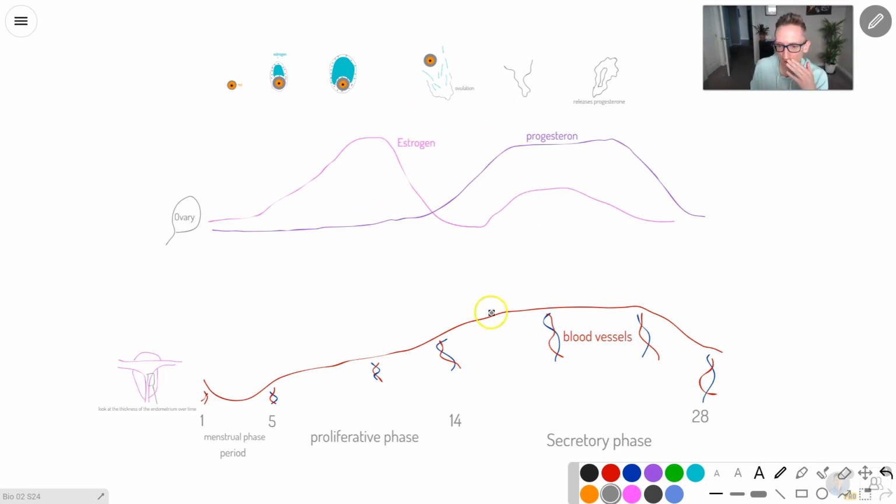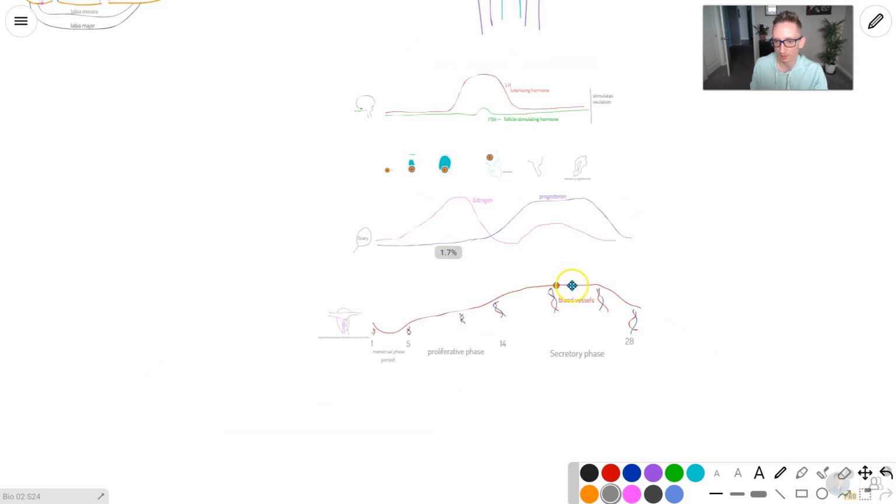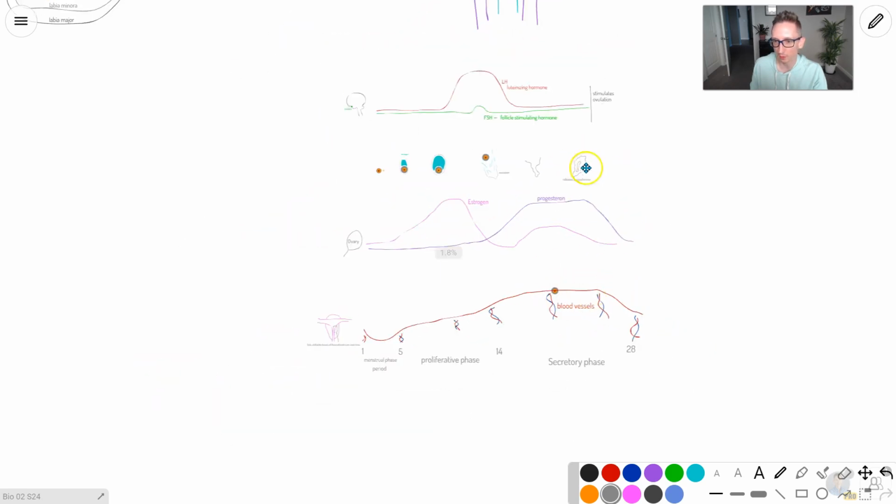And this will stay this way if implantation occurs. So let's say implantation never occurs, we never have fertilization occur, this will happen, right? Just the way it is. But let's say we have implantation occur, like that, then this corpus luteum will stay.